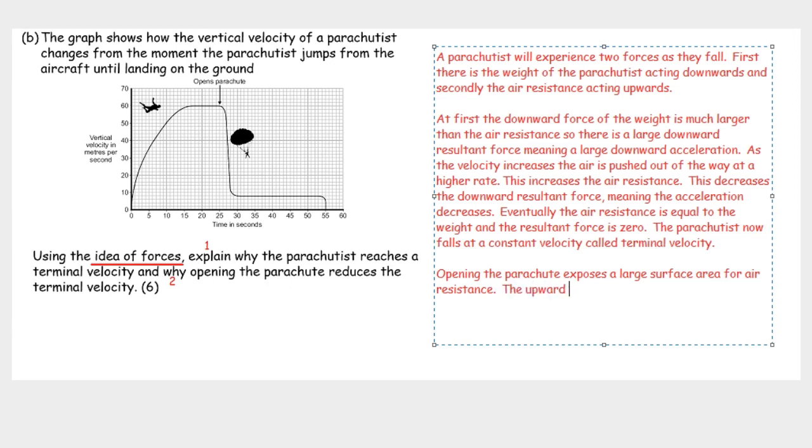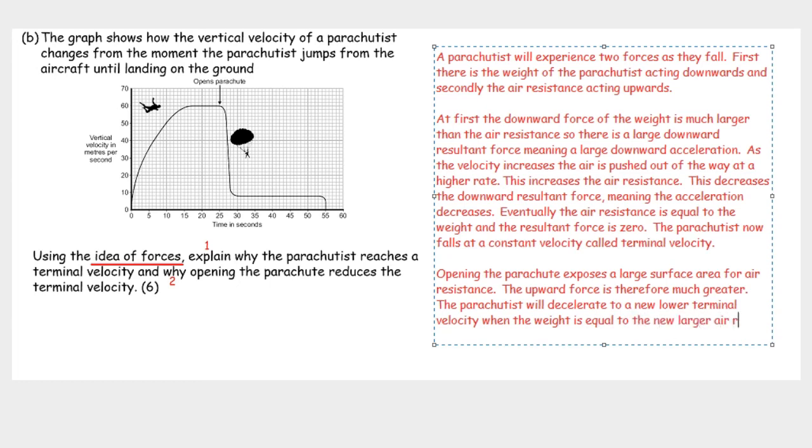The upward force is therefore much greater, so we can say the parachutist will slow down, let's say decelerate, to a new lower terminal velocity when the weight is equal to the new larger air resistance force. And that would do.